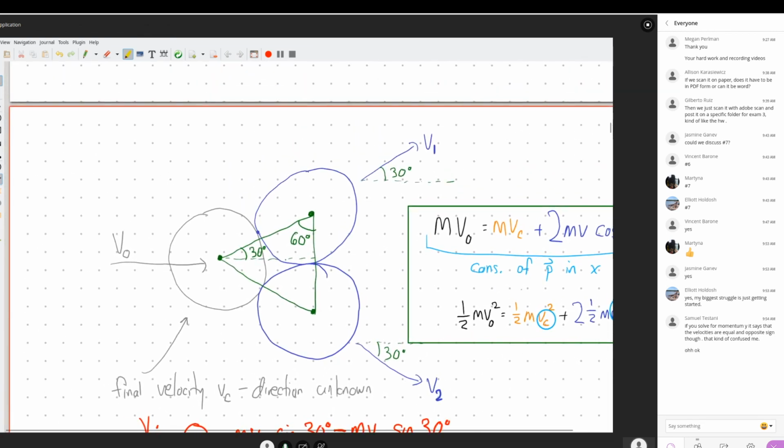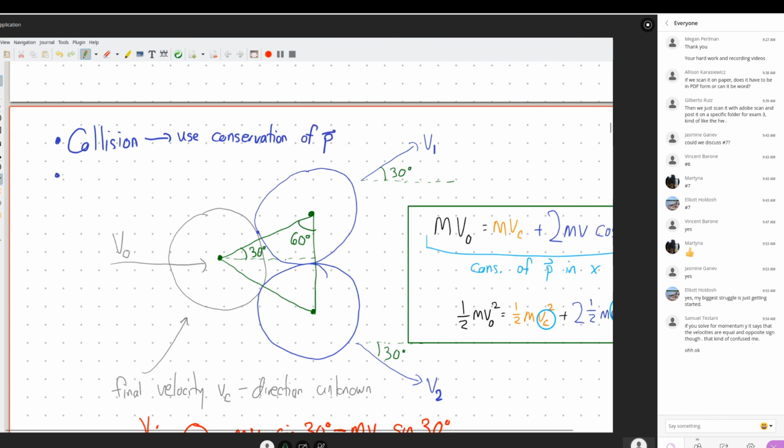So for this problem, in getting started, as Elliot says, we know that this is a collision. So use conservation of momentum.